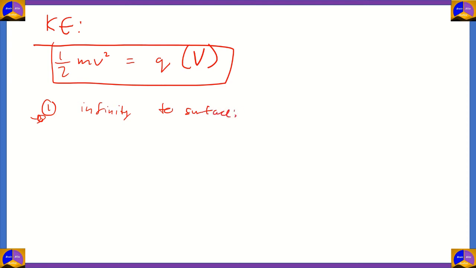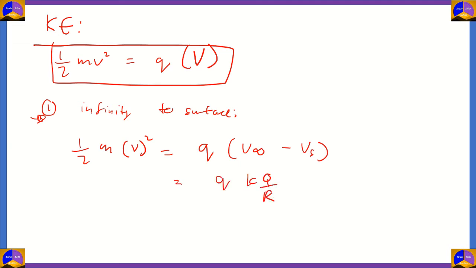What is the kinetic energy gained? 1/2 times m times the final velocity, which is v, squared, because the initial velocity is 0, so we don't take that. Then we have q times the potential, which is the potential at infinity minus the potential at the surface. So that equals q times kq divided by r.